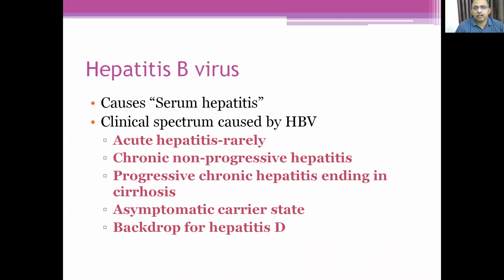It causes serum hepatitis. Now the clinical spectrum of hepatitis B virus infection. It can cause acute hepatitis, but getting jaundice or fever as soon as the infection occurs is very rare. I know one person, around 65 years old, who suddenly developed vague symptoms like weight loss.